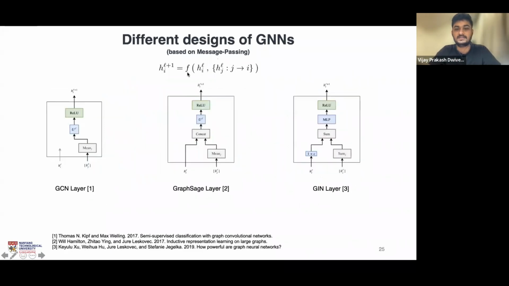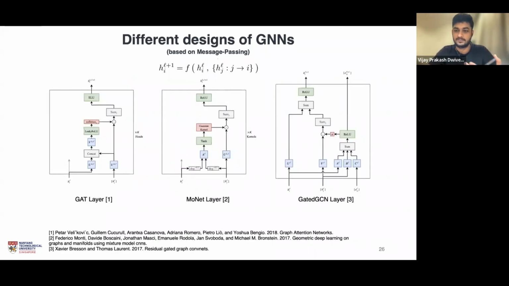So in all of these different block designs of different GNN layers, the idea is to use the h_i and the multi-set of h_j and give the output h_i. And this entire architecture inside is what represents F. It has different components such as weight matrices to learn, nonlinear activation functions, and some attention weights that can be computed.